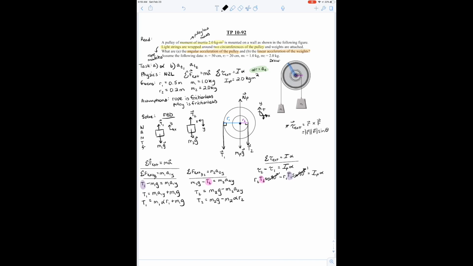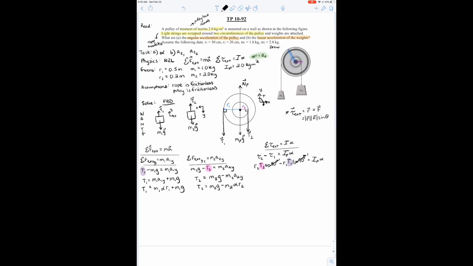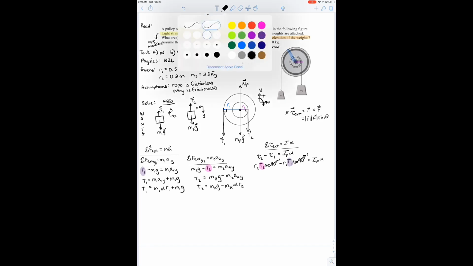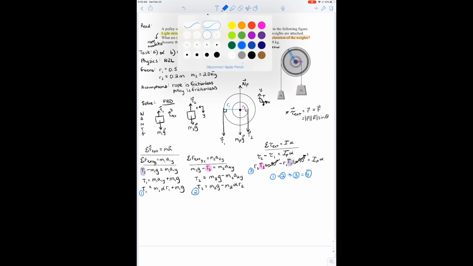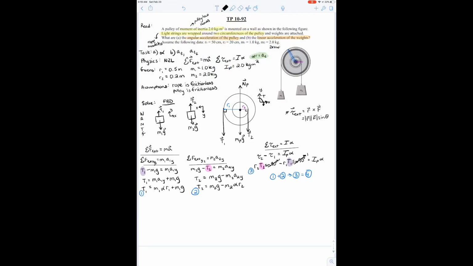All right, so now I'm ready to combine equations in order to actually solve for that angular acceleration. So I'm going to label these equations as equation 1, equation 2, and this is 3. So equation 1 plus equation 2 goes into equation 3, and that's going to give us equation 4, where we're actually going to solve for that angular acceleration. So I'm going to substitute in first my tension 2.